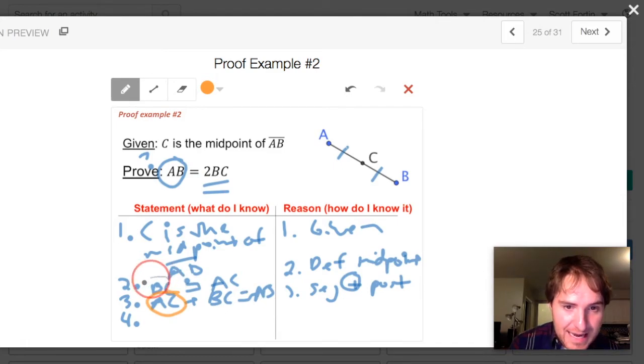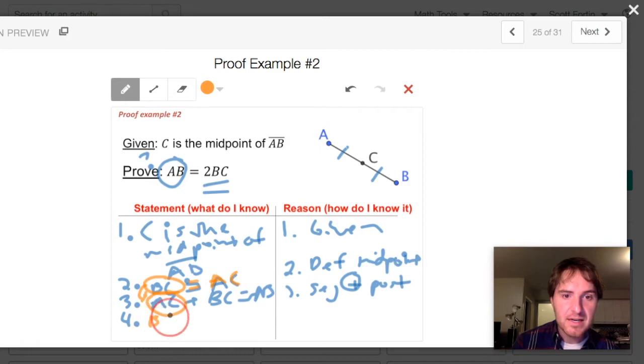We actually want to take BC and place it in for AC, because BC equals AC. Since BC is the same thing as AC, we can replace that in an equation. So we substitute BC for AC, and I'm rewriting this equation: BC plus BC equals AB.